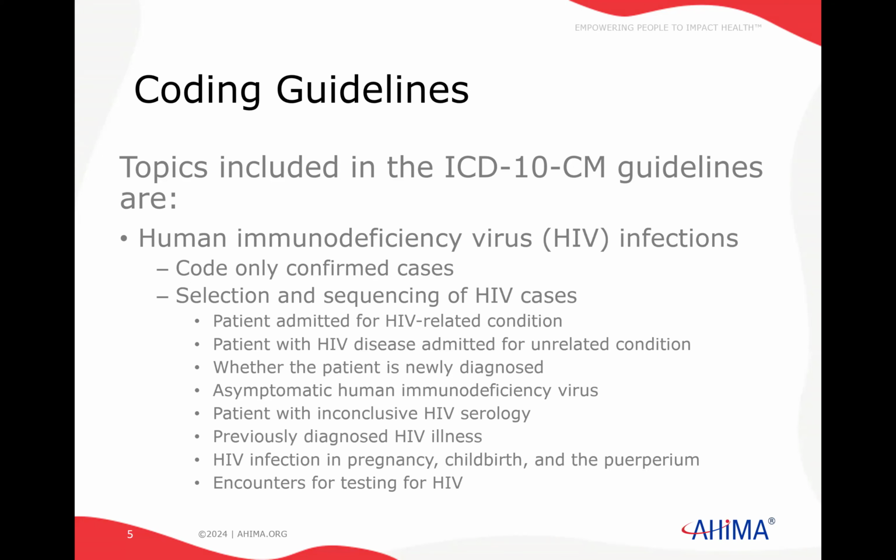We also have special codes for encounters for testing with HIV. And these are covered in the guidelines that appear in the very beginning of your textbook and also in the chapter covering coding infectious diseases.